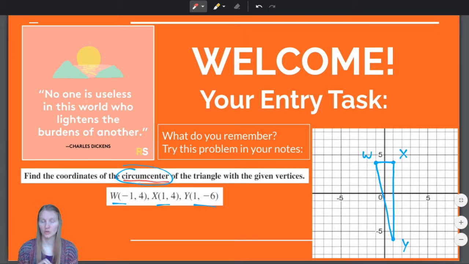So, in order to do that, I need to construct the perpendicular bisectors of the sides of this triangle. So, let's look at the vertical and horizontal sides, since I know what's perpendicular to those. I know that a vertical line is perpendicular to a horizontal line, and a horizontal line is perpendicular to a vertical line.